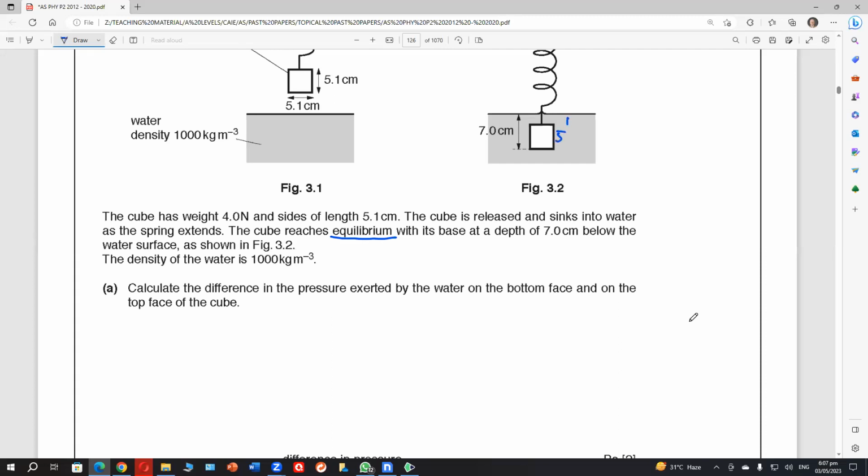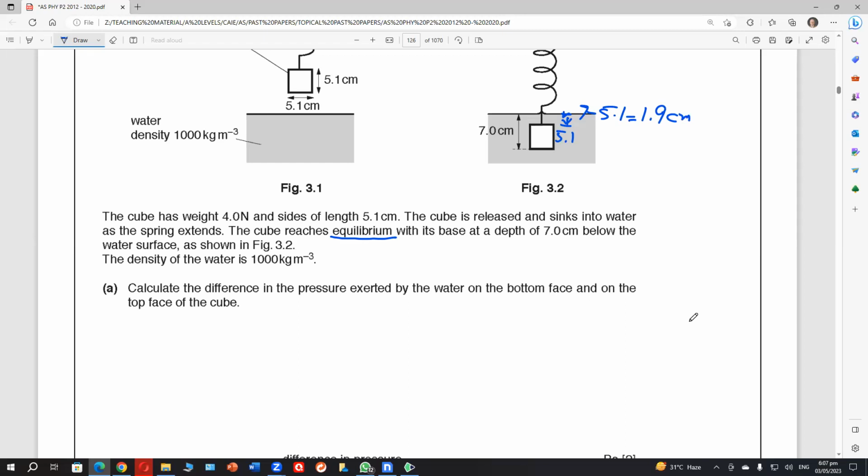So if I take the depth of the top surface, it will be 7 minus 5.1, which is 1.9 centimeter.